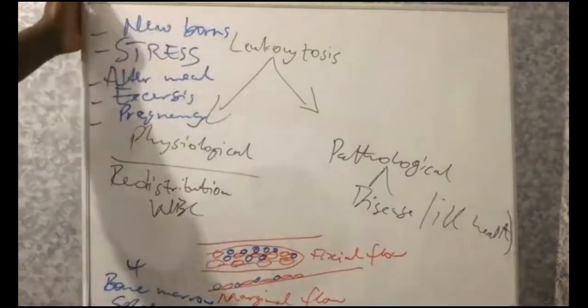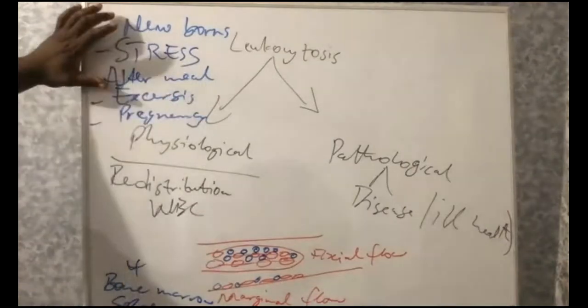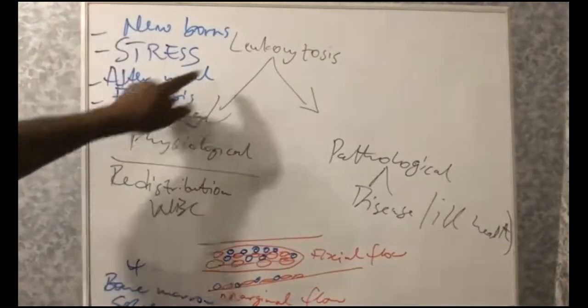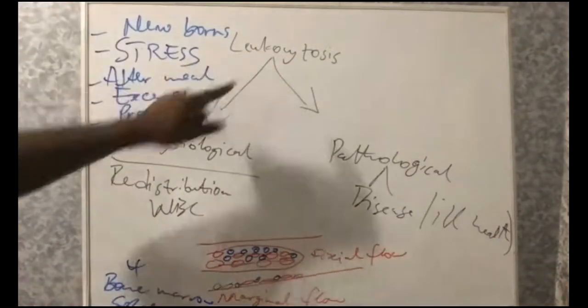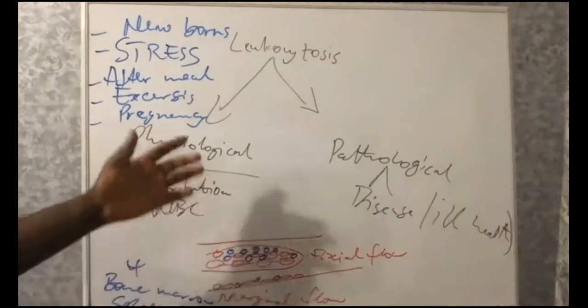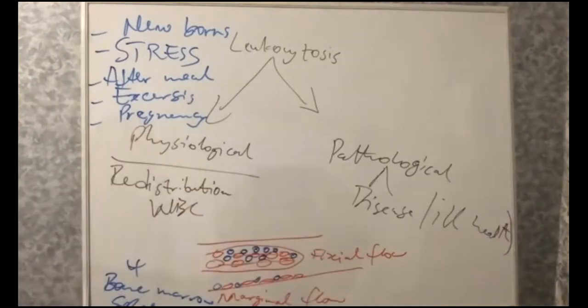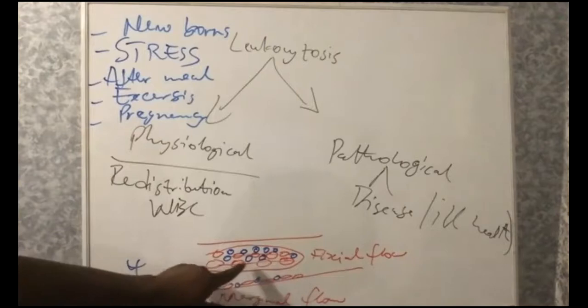In this stage, the patient is not ill, but because they found themselves in this state, their white blood cell count is increasing. And how does it increase? It is not because the bone marrow is producing new white blood cells. These white blood cells, which are being seen as an increase, are already produced white blood cells, but they are not part of the axial flow.